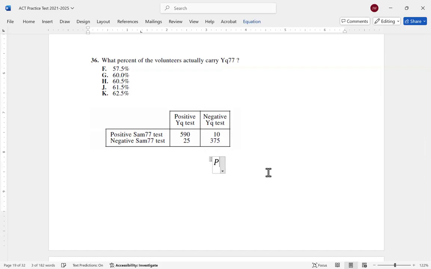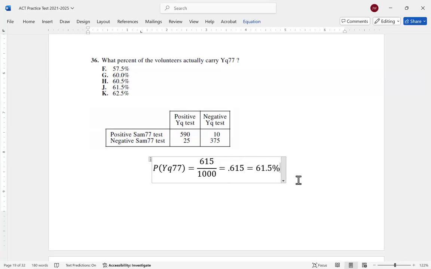Therefore, for the probability, I can take all of the positive YQ tests, which is 590 plus 25, so that's 615, out of the total group. Since there were 1,000 people, that's 615 out of 1,000, which is 0.615 or 61.5%. Therefore, J is the correct answer to question 36.